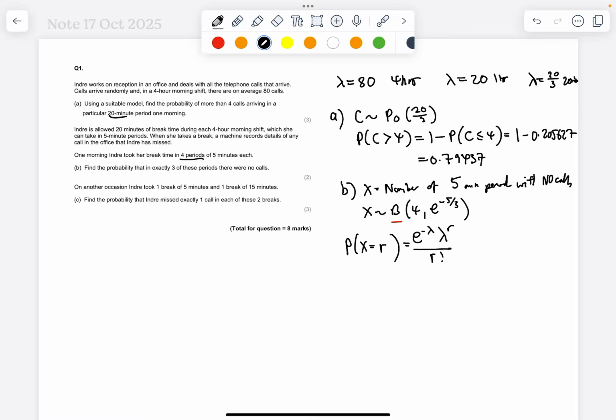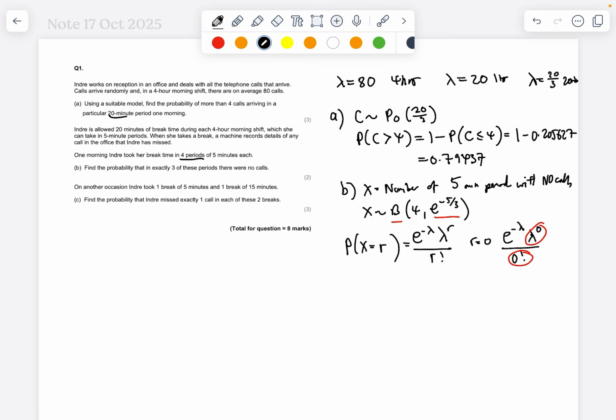So for this one, we are looking for no calls, which means r equals 0. So we've got e to the minus lambda, and then lambda to the power of 0, which is just 1, divided by 0 factorial, which again gives us 1, and that's how we get our e to the minus 5 over 3.